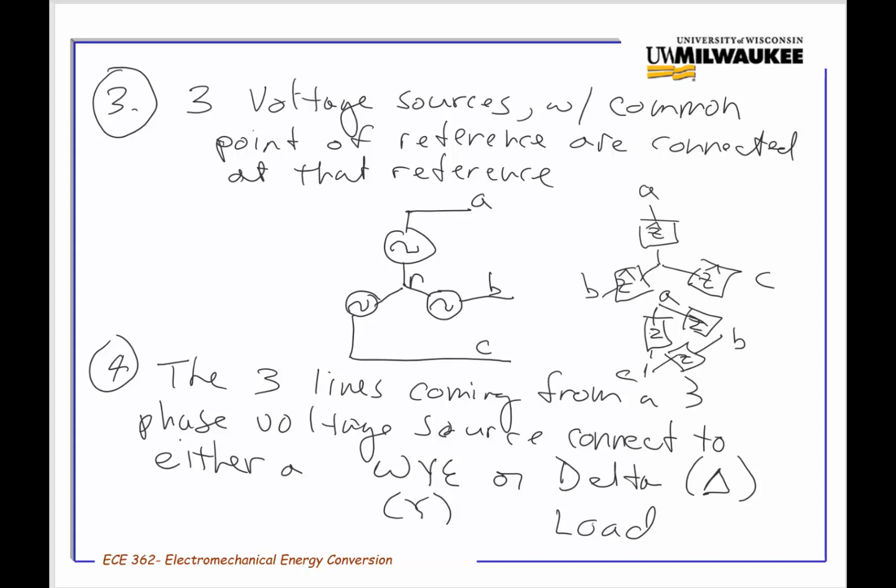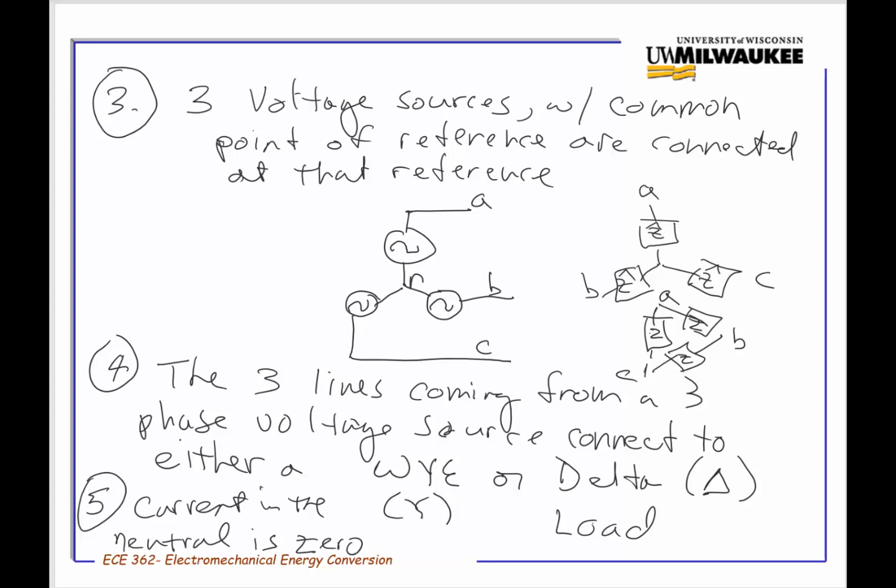A fifth point which I want to write here is that the current in the neutral is 0.